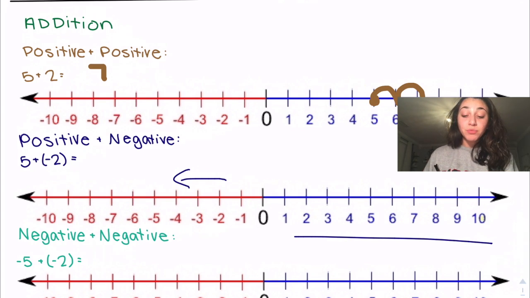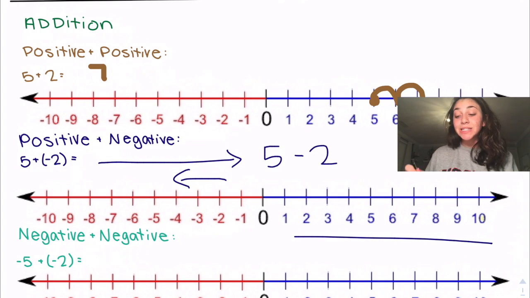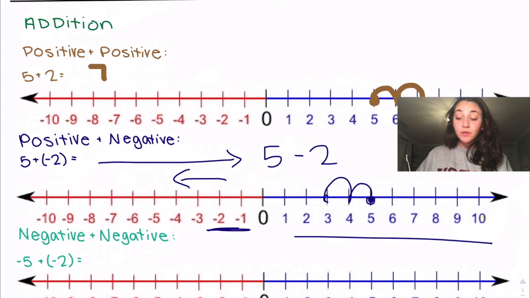So instead of saying 5 plus 2, that turns into 5 minus 2. Now that we know that, we will start at 5 and we will go to the left 2 on the number line, in the direction of negative 2. So 5 minus 2 is 3. So 5 plus negative 2 is 3.